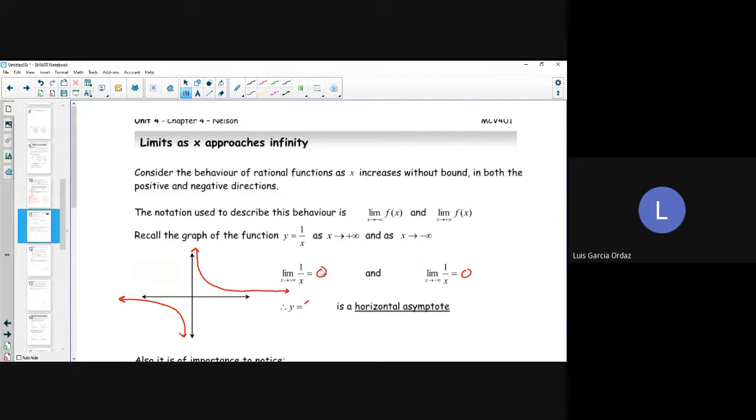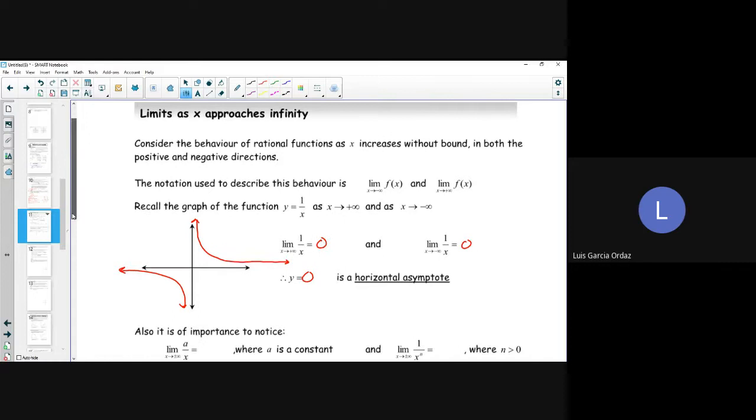Therefore, I can say that my horizontal asymptote is y is equal to 0. On the next page, we'll learn how to find horizontal asymptotes, so don't freak out about that right now. We're just going to continue with this concept over here.